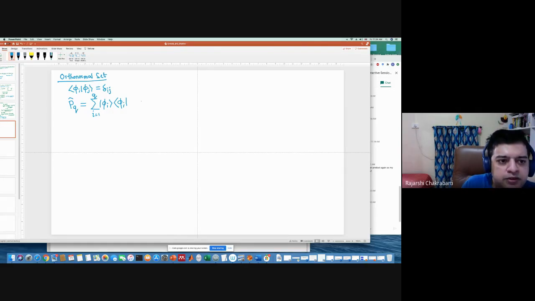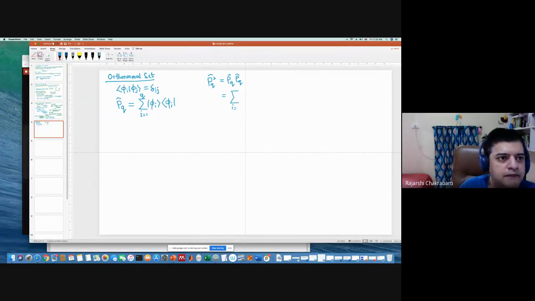So let us see what happens if I take P_Q squared. Now again, P_Q squared is P_Q times P_Q, which basically means the first P_Q, let me write down. Sum over i of q_i |phi_i><phi_i|.